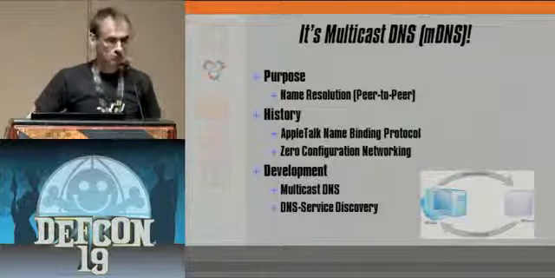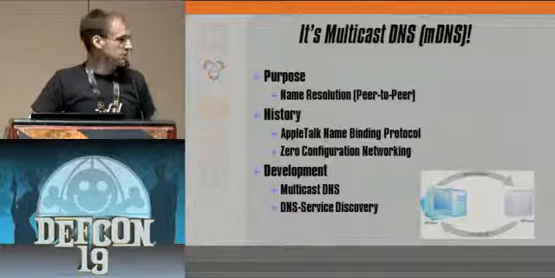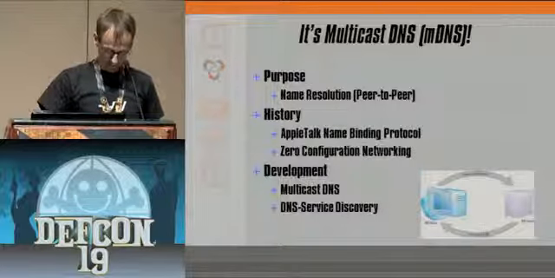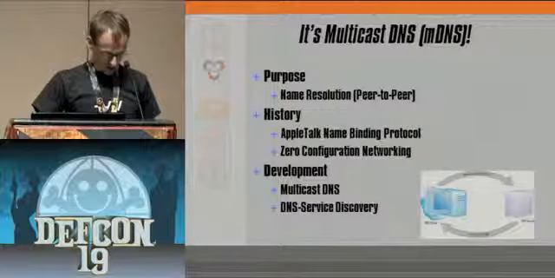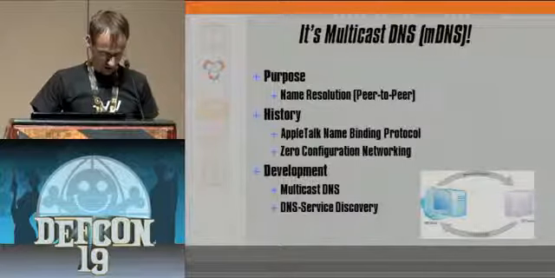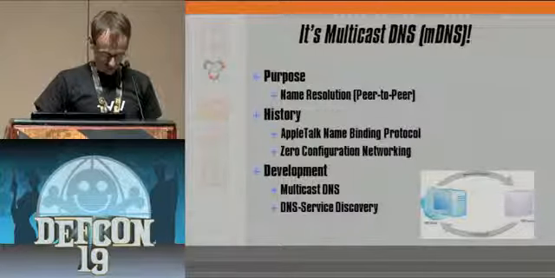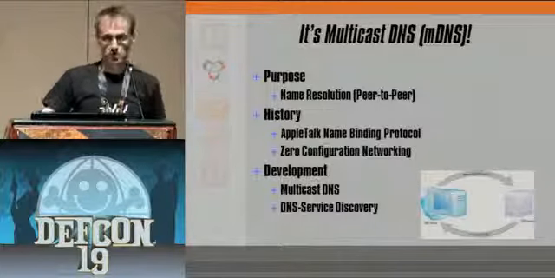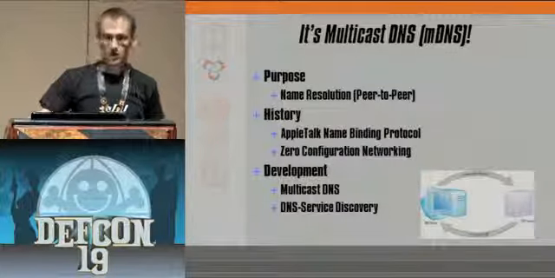Now, in addition to multicast DNS being part of this initiative, there was also an addition by Apple of DNS-SD via multicast, or DNS service discovery via multicast, to the initiative to allow for peer-to-peer service discovery in addition to the name resolution. All right, so you can begin to see how this is going to look.